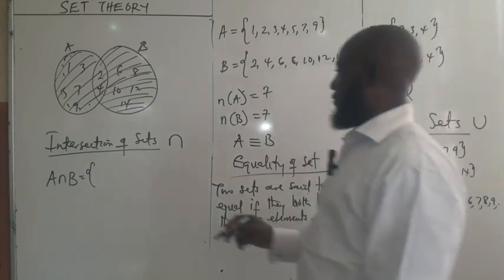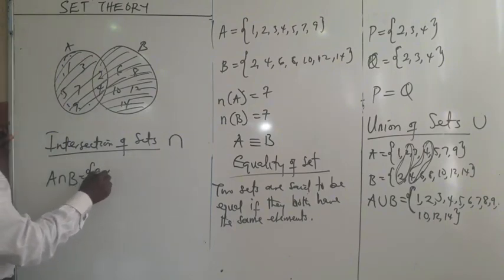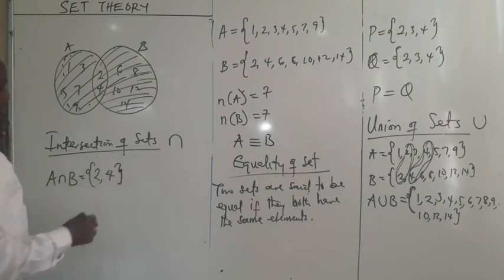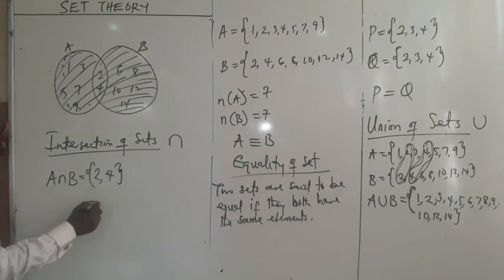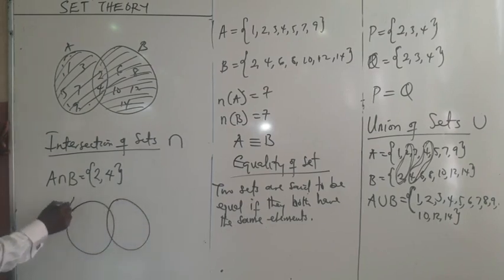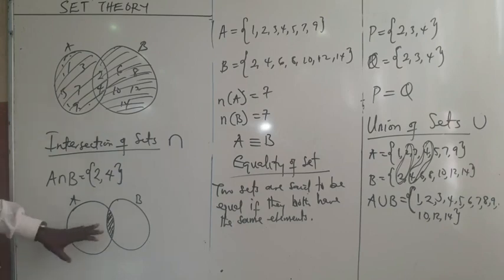So 2 and 4 is where the two sets have the same common elements. That can also be represented in the Venn diagram this way. This is A, this is B, and this is where they are intersecting. We have common elements. So that is intersection of 2 sets.